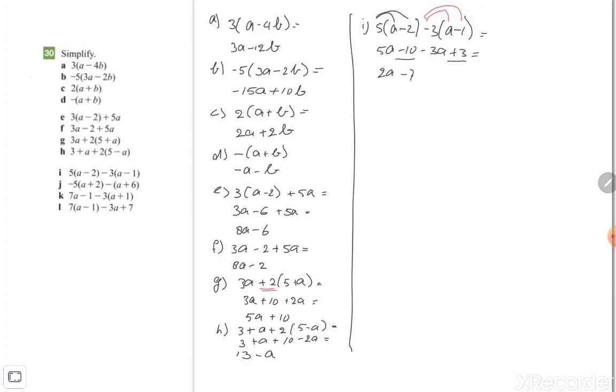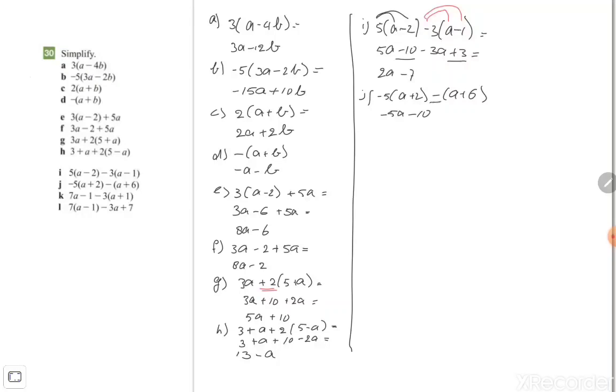There you go. J. Minus 5, and that times (A plus 2), minus inside brackets (A plus 6). Minus 5 times A is minus 5A, and minus 5 times 2 is minus 10.